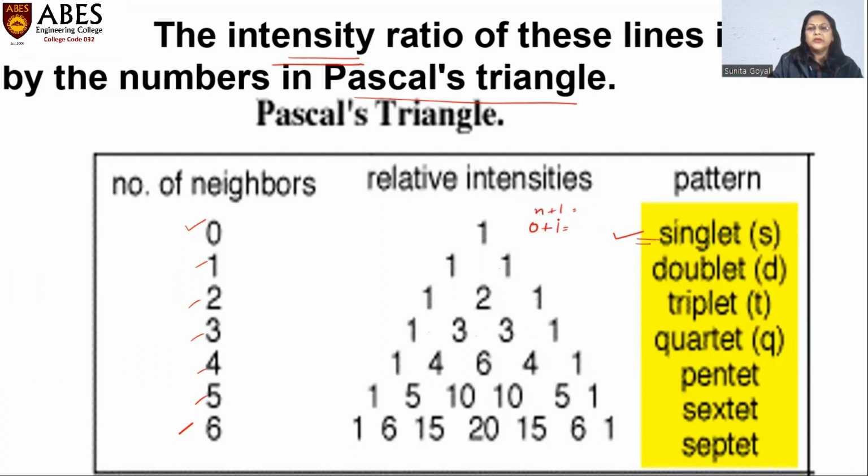So 0 plus 1 means 1, that is a singlet. Then 1 plus 1, if one neighboring proton is there, it will be 2, in the form of a doublet. Its intensity will be 1 to 1. If the neighboring protons are 2, then 2 plus 1 means 3. The signal will be in the form of a triplet. Then the intensity will be 1 to 2 to 1, and so on.